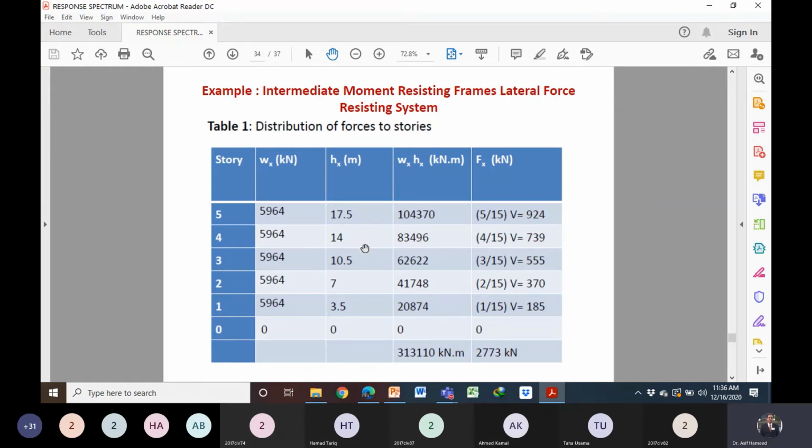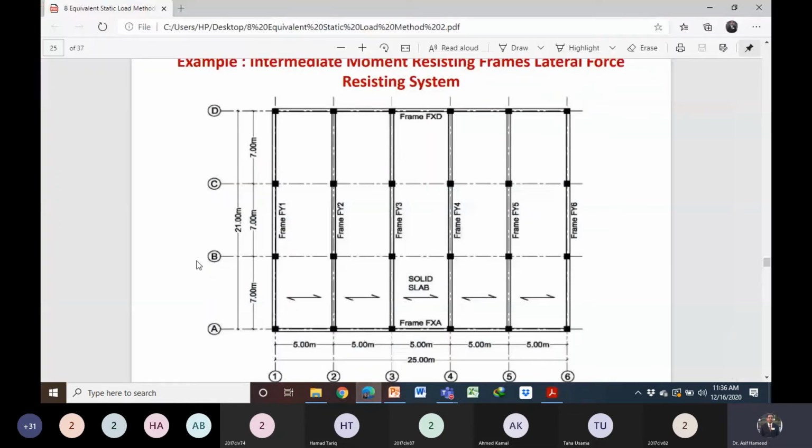But if you have to find the response manually, you have to distribute the forces in the different frames. We have 6 frames along the y direction and 2 frames along the x direction.